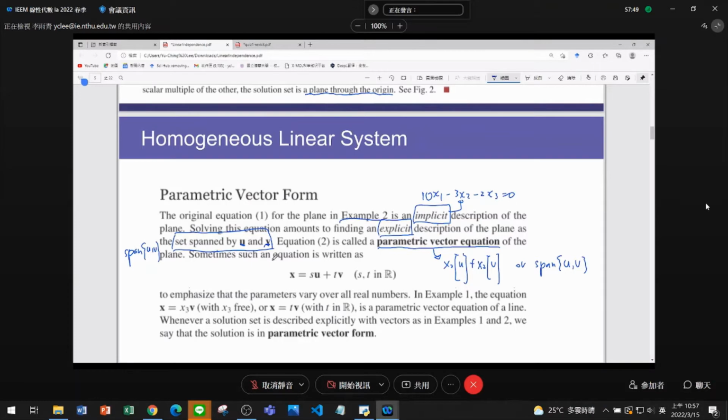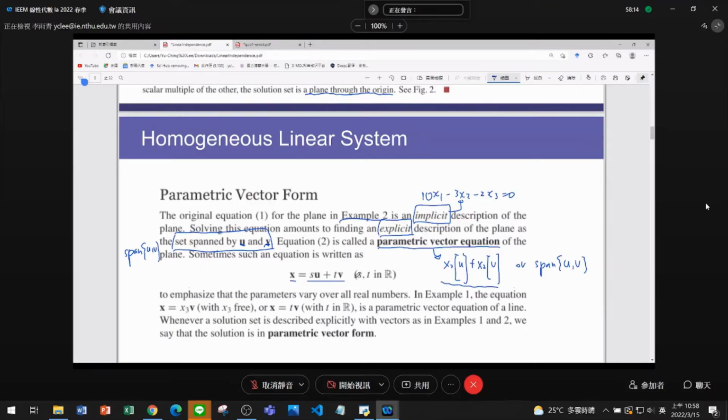Sometimes this equation is written as x equals some scalar s times u plus some scalar t times v. So that's exactly what we have here. And this is the full-length expression of a parametric vector equation.